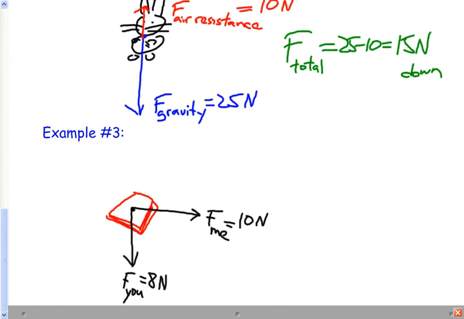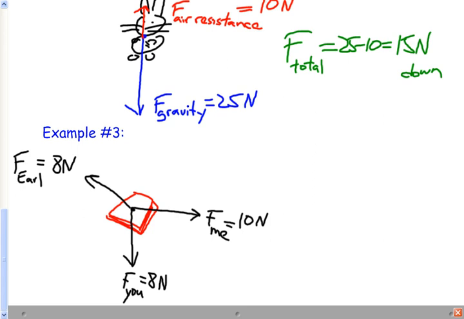And maybe some guy named Earl is pulling in this direction with, let's see, about another 8 newtons of force. Thanks, Earl.